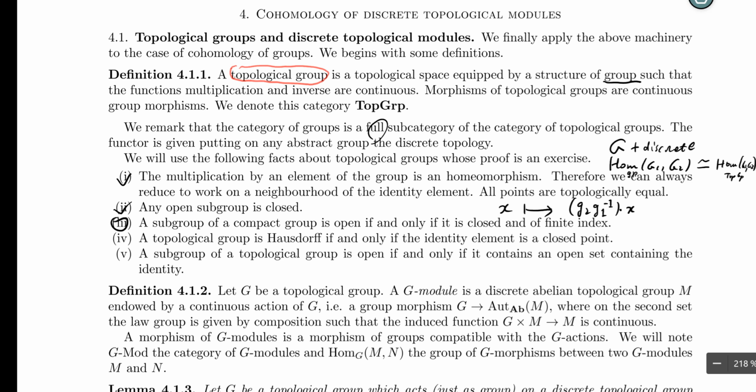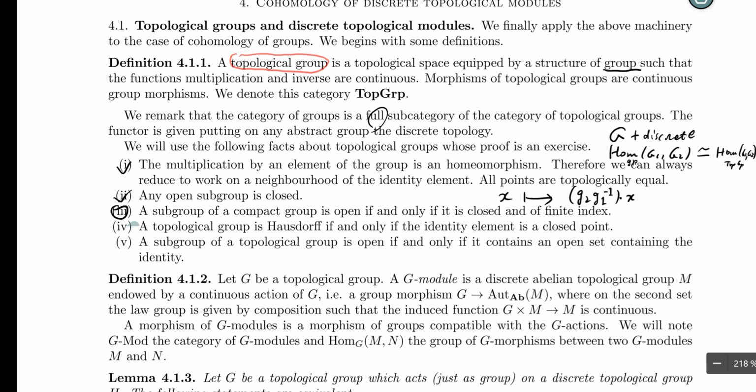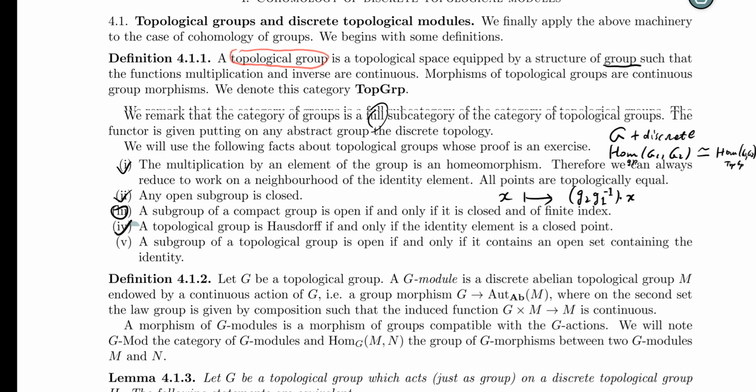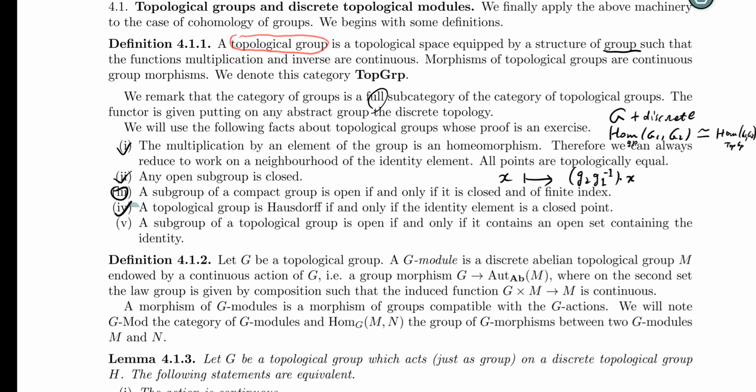A topological group is Hausdorff if and only if the identity element is a closed point. This is what we know. A subgroup of a topological group is open if and only if it contains an open set containing the identity.